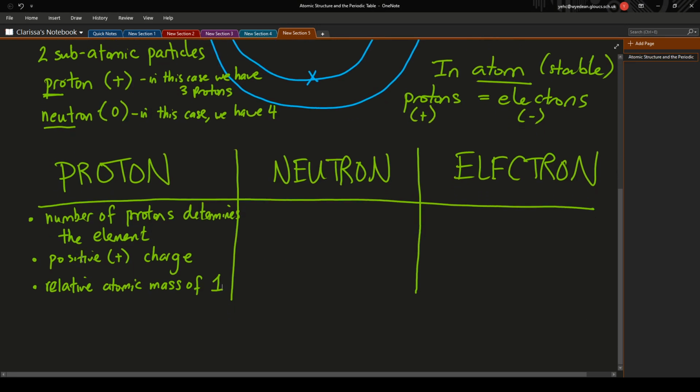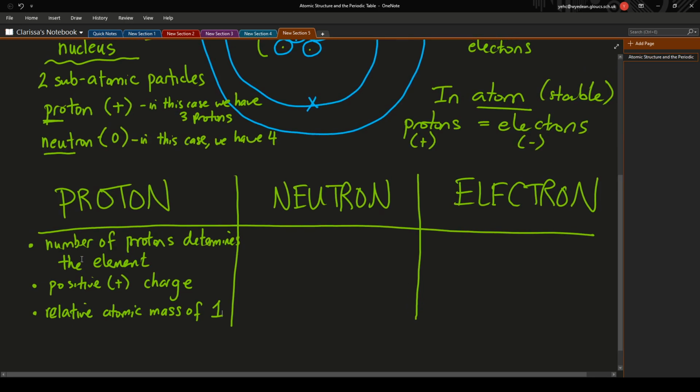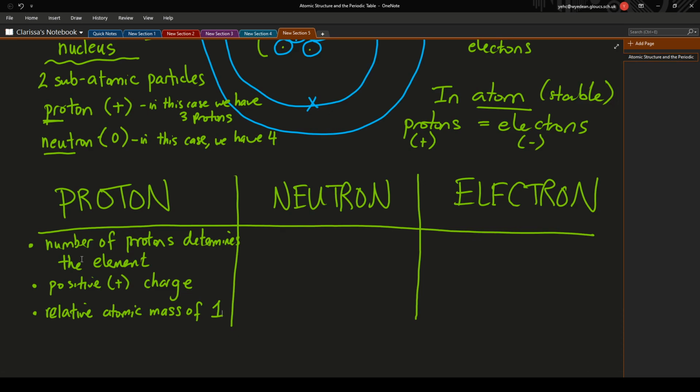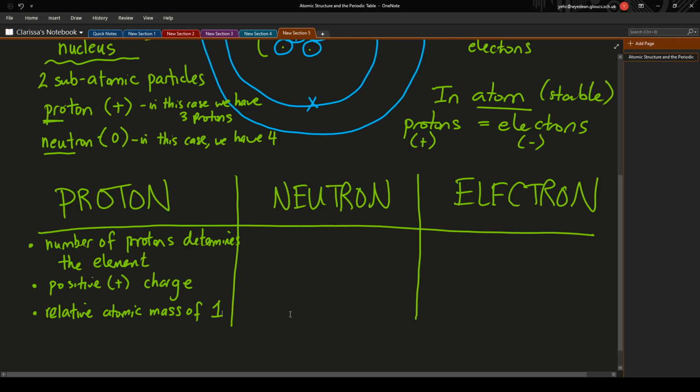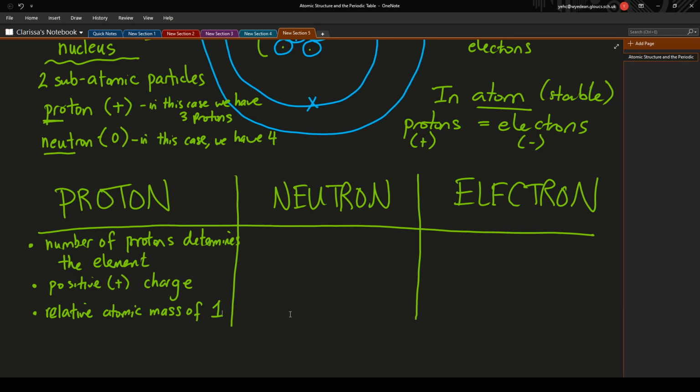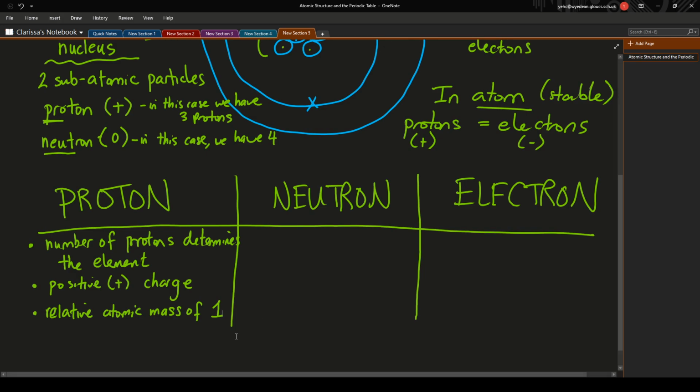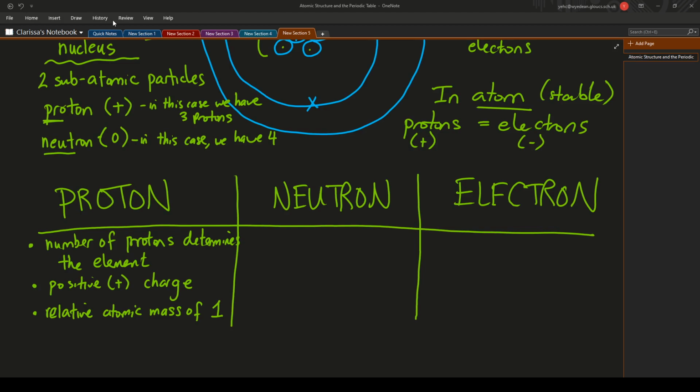What relative atomic mass means is, in reality, our proton weighs very, very, very, very little. But scientists sometimes like to make things easy for ourselves. We don't like to use very, very small or very, very large numbers that are hard to work with.